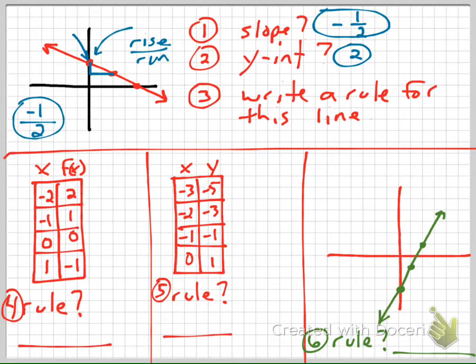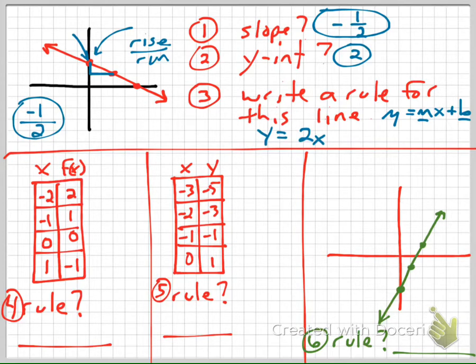And then it says write a rule for this line. Well, if you know the slope and you know the y-intercept, can you write a rule? Yes. What is the formula for this? y equals mx plus b, right? The m being slope and the b being the y-intercept. So we're going to go y equals, what was the slope again?